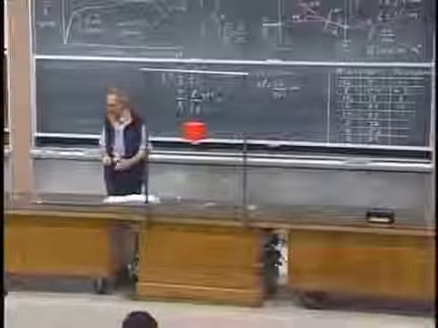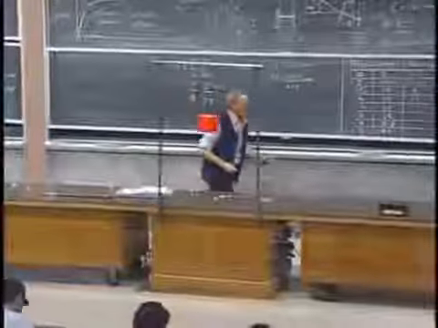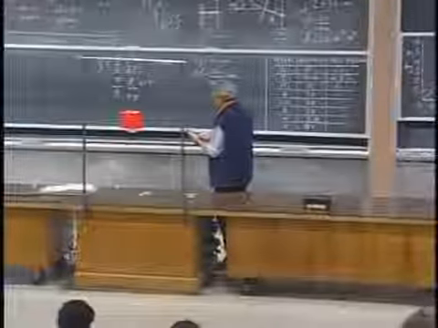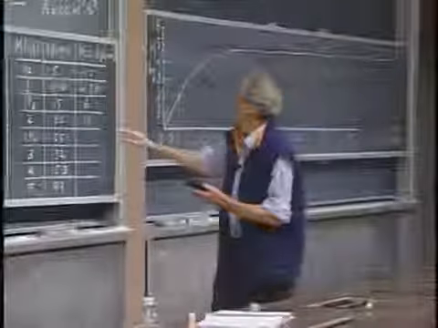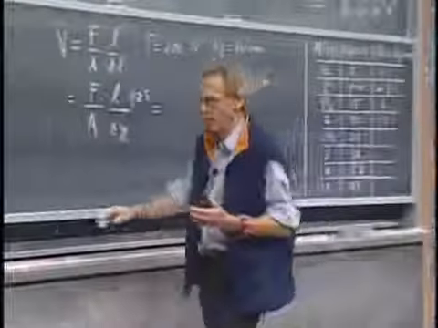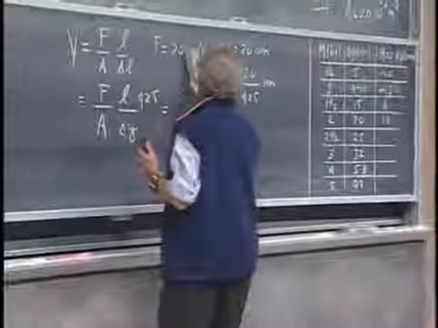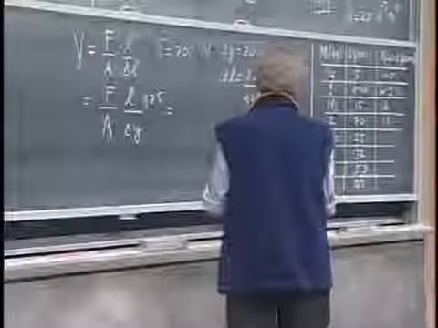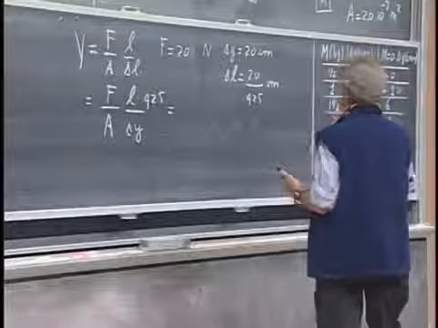And let's see what that is. So F is 200. That's right. No, F is 20. Ooh, I'm glad that we caught that simultaneously. So F is 20 newtons. That's right.